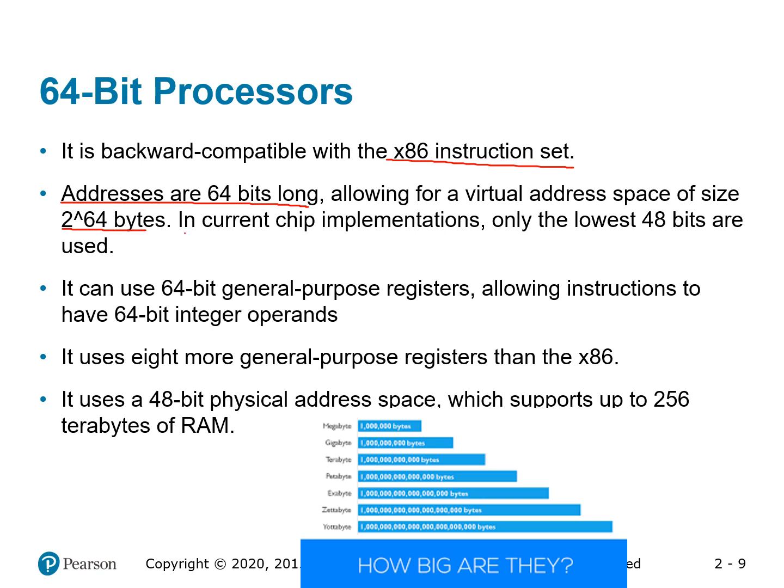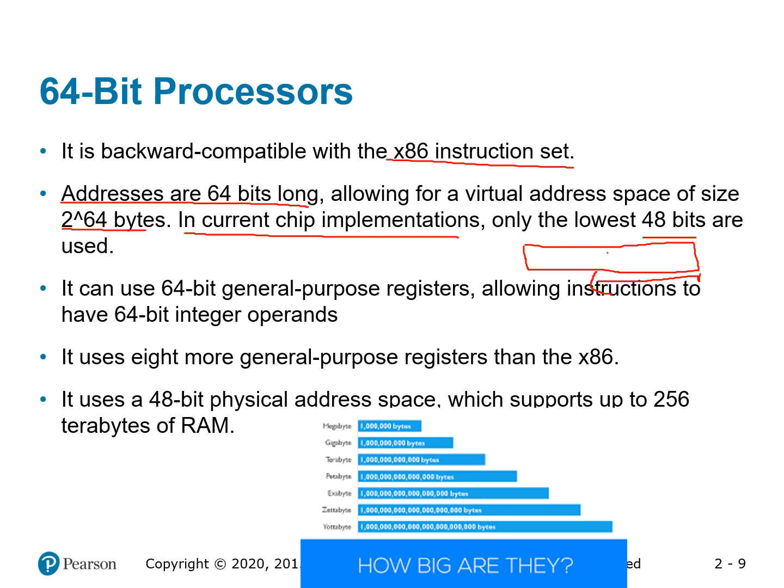In current chip implementations, only the lowest 48 bits are used. So if you think of this as the size that you have available, it uses the lowest bits, from this direction this way. So it uses the lowest 48 bits.